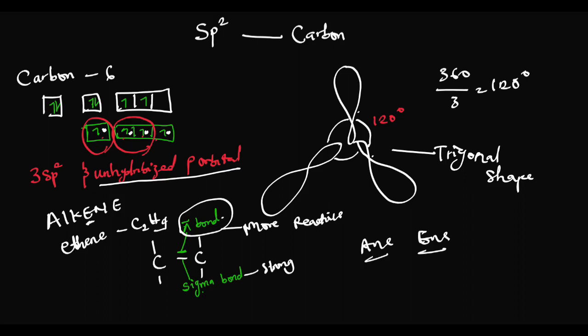Why? Because of the pi bond. Alkane does not have a pi bond. It only has sigma bonds. And just to reiterate, the pi bond is formed by the overlapping of unhybridized p orbitals. Please do not forget.